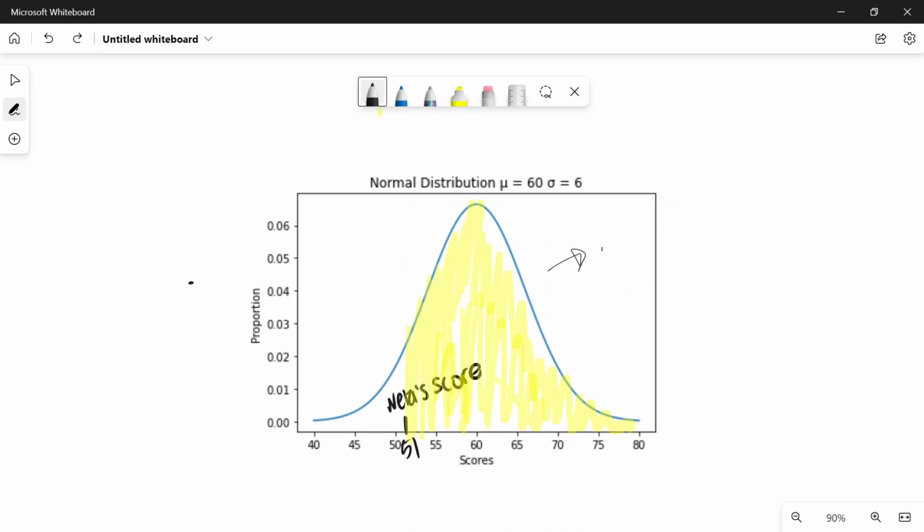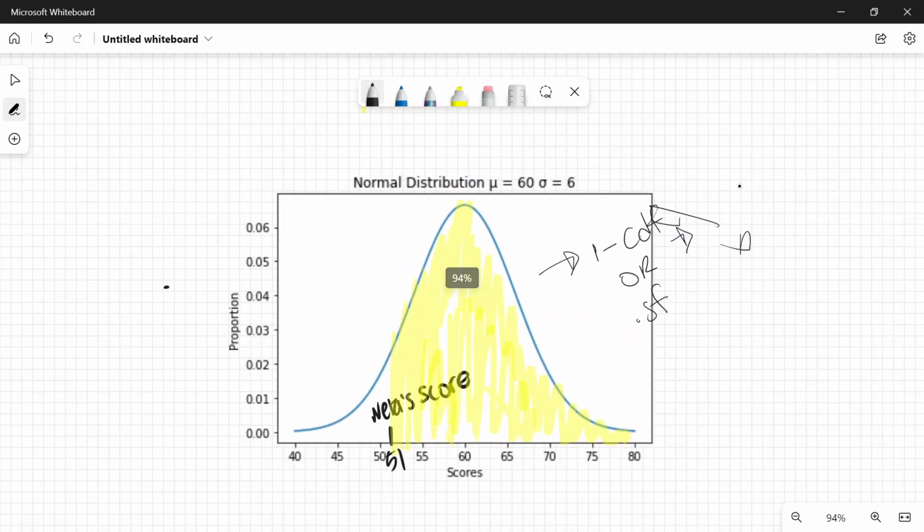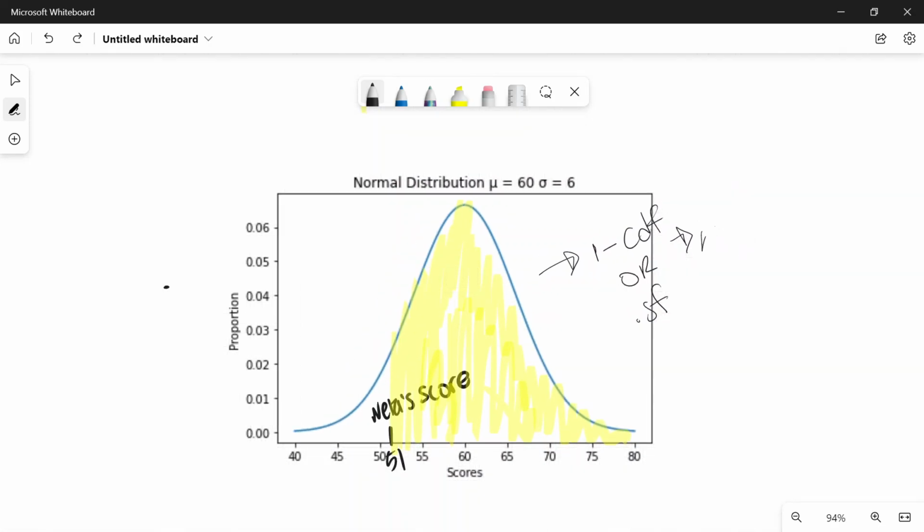But over here, I would have had to do 1 minus CDF, or I could have just done dot SF. Those are equivalent. Specifically, I had to do norm.sf, and then put in my X, and then my mu and my sigma.